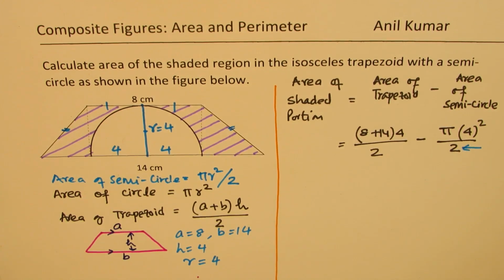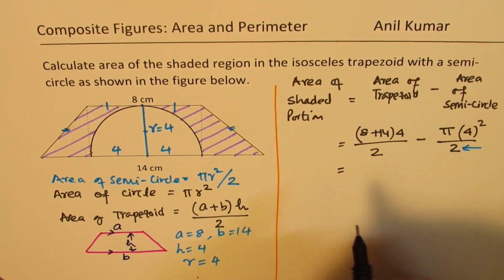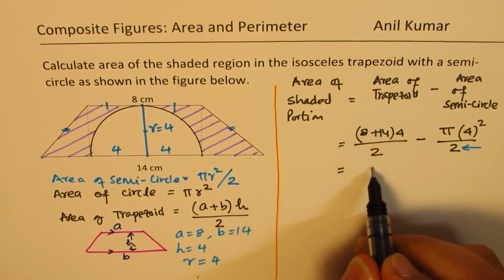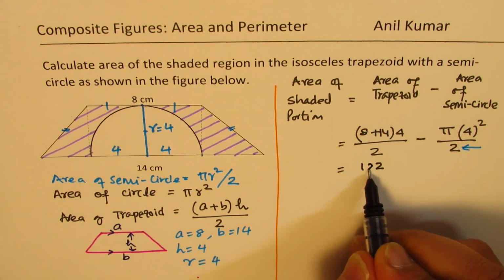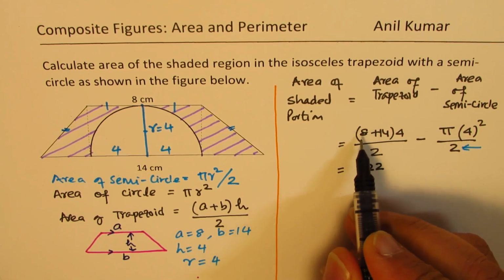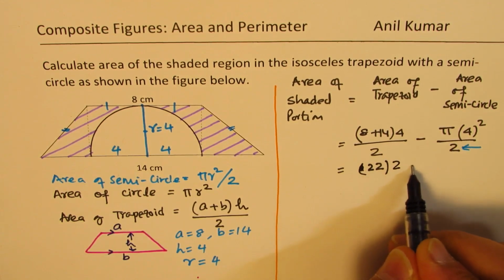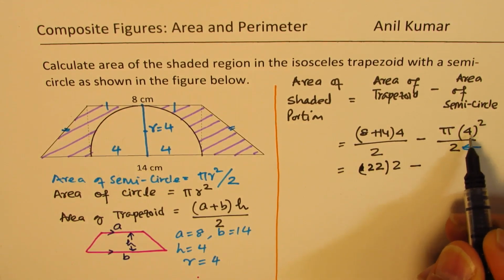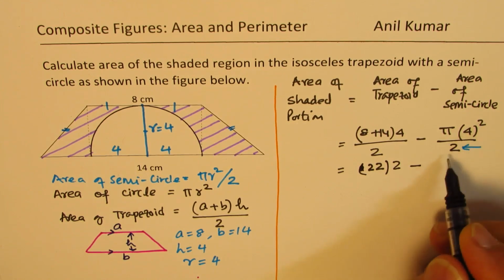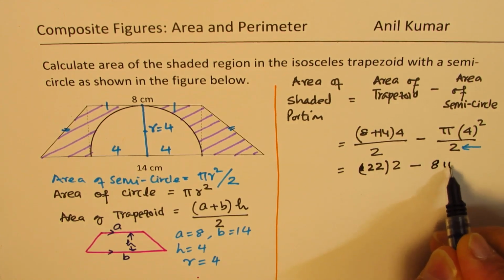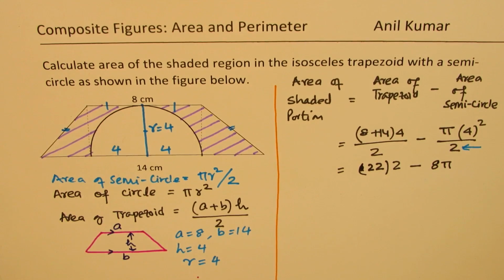Now we can just calculate the answer, right? So if you do simple calculations here, 8 plus 14 is 22. We are going to multiply this by 4 and divide by 2. And then pi r square, 4 square is 16, divided by 2 is 8, minus 8 pi. So that gives you the answer.